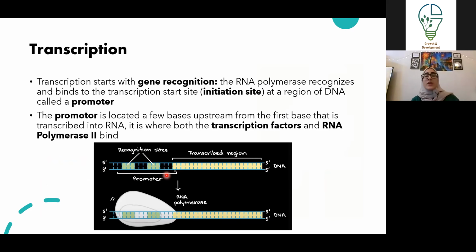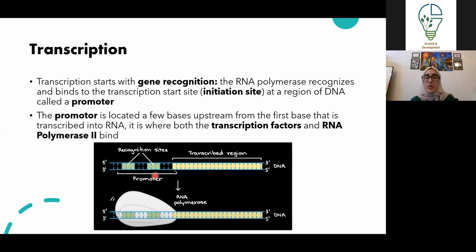Transcription starts when the RNA polymerase recognizes this promoter region. It looks at the entire DNA, or at segments of DNA, looking for this promoter region. This promoter region is just a region of nitrogenous bases or nucleotides a little bit ahead of the point where transcription is supposed to start.